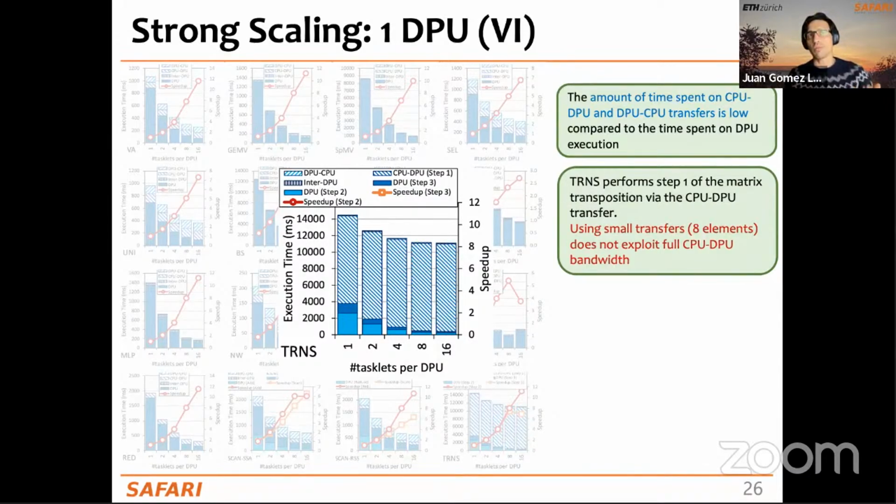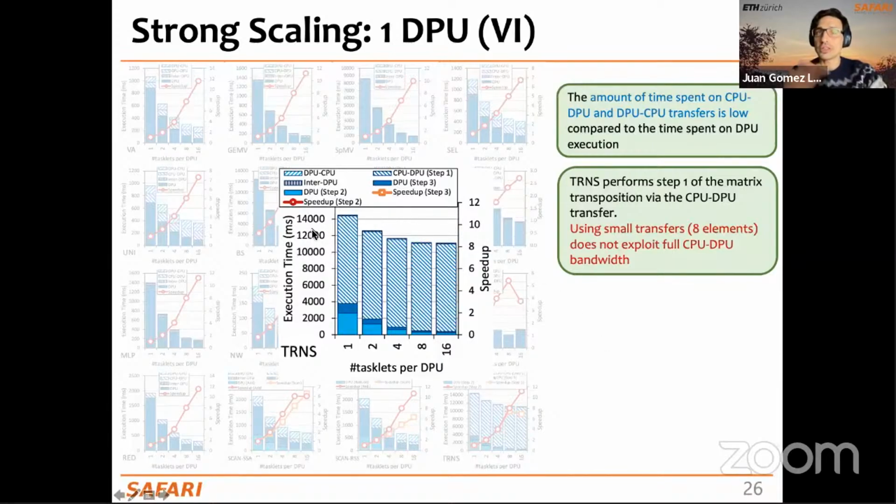We would execute this step 1 in the processing units, but in this particular UPMEM-based PIM system, because this is kind of a distributed architecture, we need to execute this step 1 by moving pieces of data or chunks of the input matrix to the specific DPUs that are going to continue the later steps, the steps 2 and 3.